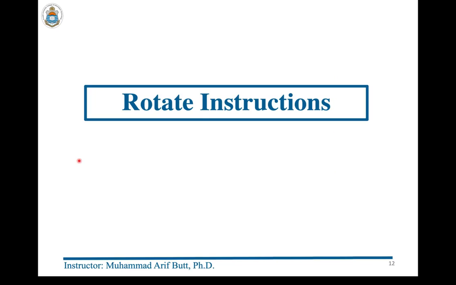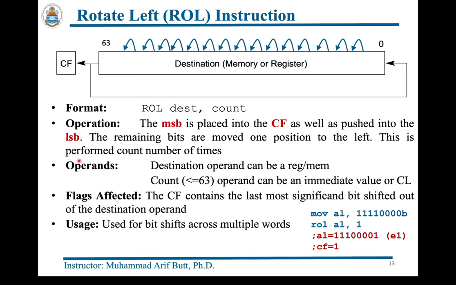Okay, dear students, let us move ahead and now let us study the 4 rotate instructions, which are quite similar to the shifts. The only difference is the bits re-enter from the opposite side as they leave. So the first instruction we are going to study is the rotate left, ROL.